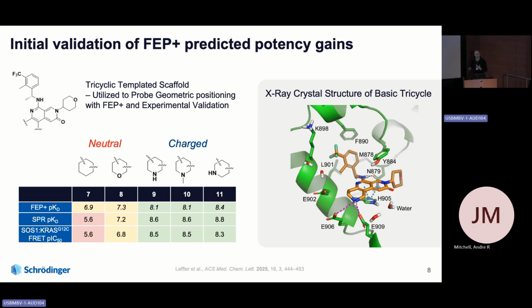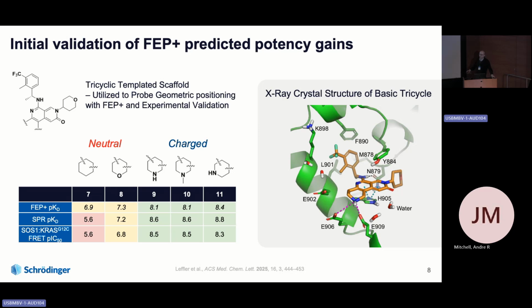It's not like the chemists had this idea anyway and we ran the calculation. They made these compounds in a causative way because the free energy calculations, in a somewhat surprising manner, predicted that if we put a nitrogen in this third ring that was ionizable, we would get a significant gain in potency relative to the parent scaffold and relative to putting a neutral third ring in the core.